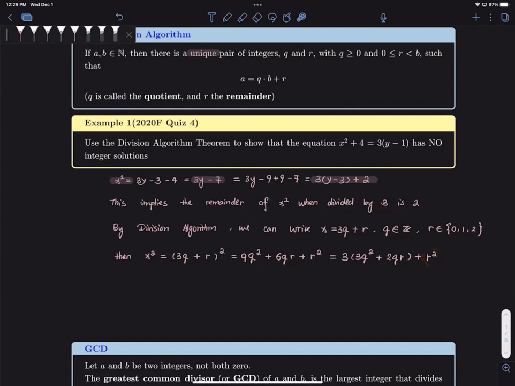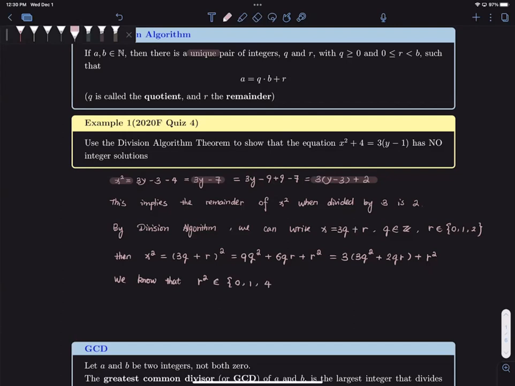So what can r squared be? Anyone? What can my r squared be? 0, 1, 4. We know that r squared is going to be 0, 1, 4.